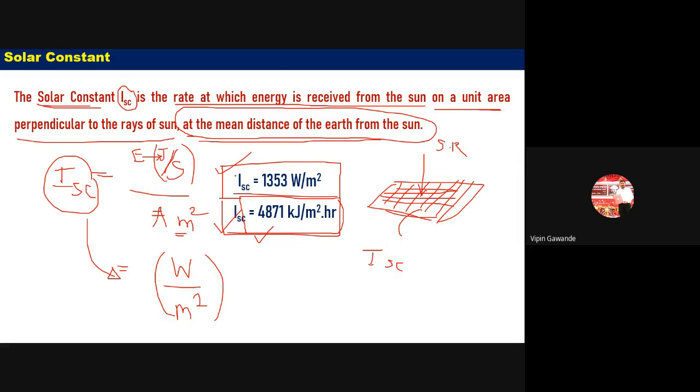This is the average value they have calculated, so we take it as a constant. So it is 1353 watt per meter square or 4871 kilojoule per meter square hour. This is related to the solar constant: the rate at which the energy is received from the sun per unit area, watt per meter square.